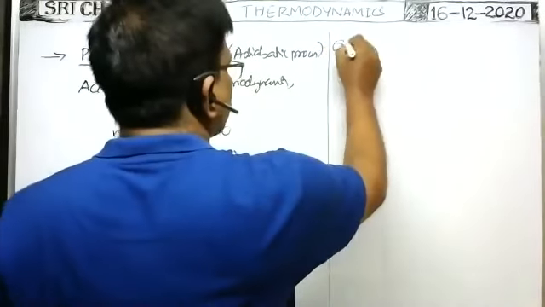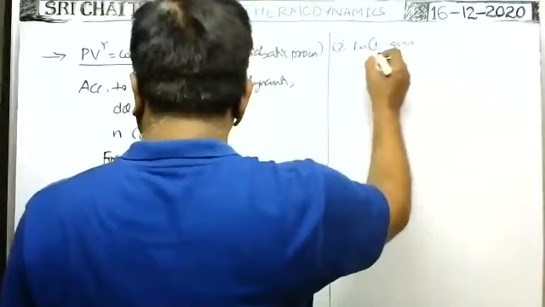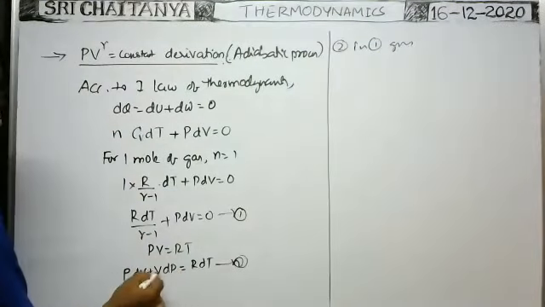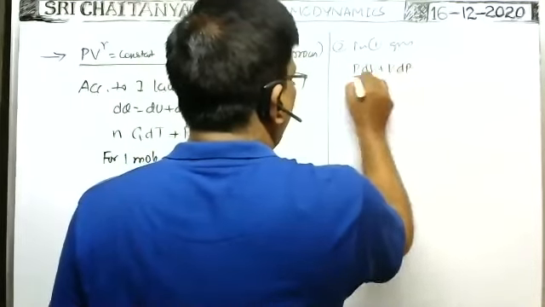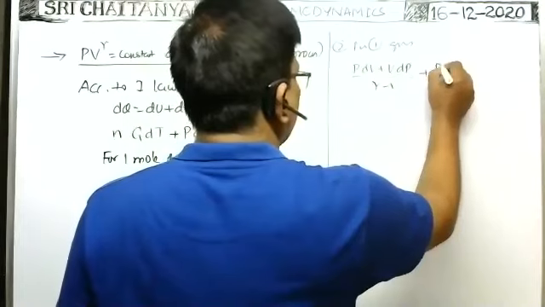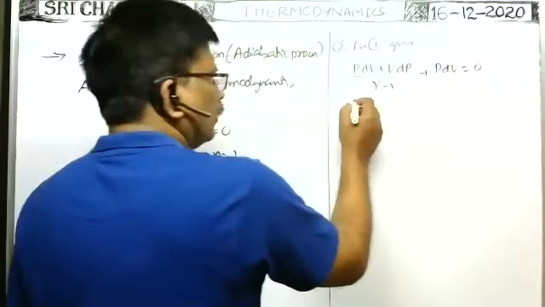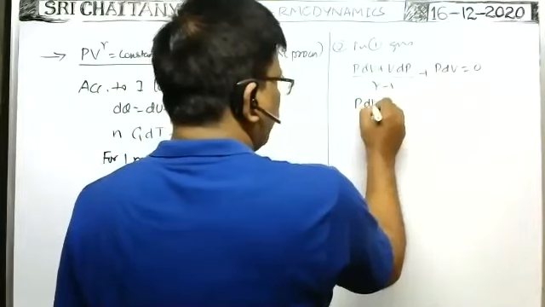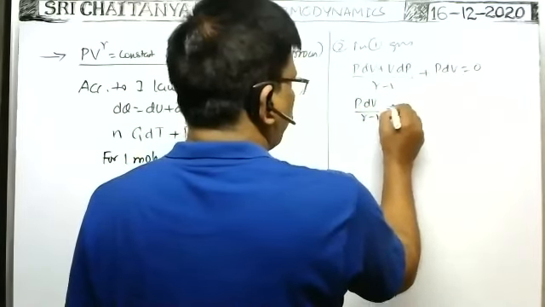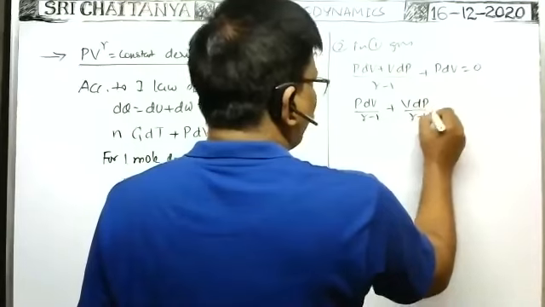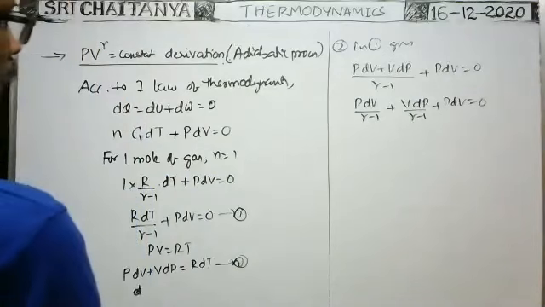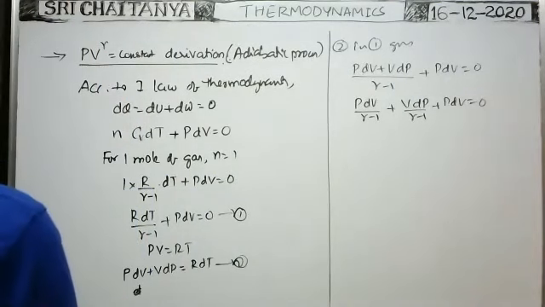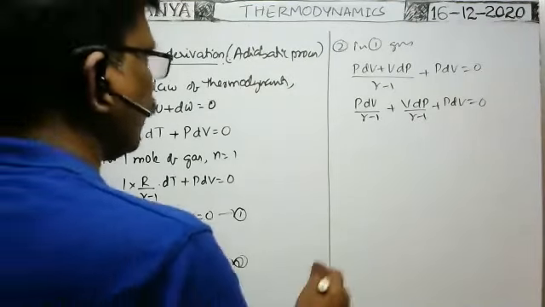Therefore, 2 in 1 gives PdV plus VdP by gamma minus 1 plus PdV is equal to 0. Or PdV by gamma minus 1 plus VdP by gamma minus 1 plus PdV is equal to 0. Now take PdV common, do cross multiplication, take the LCM.